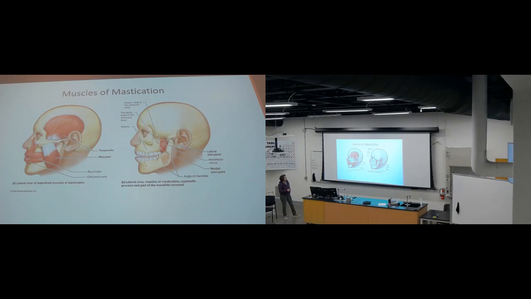And then look at this masseter. It inserts here in the zygomatic arch and partly in the body of the mandible, and also in the angle and in the ramus. And then this is the buccinator.